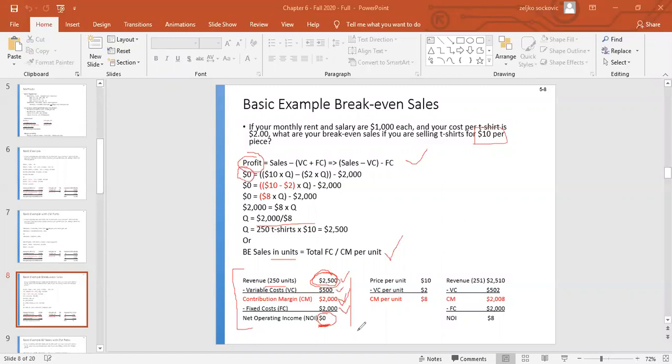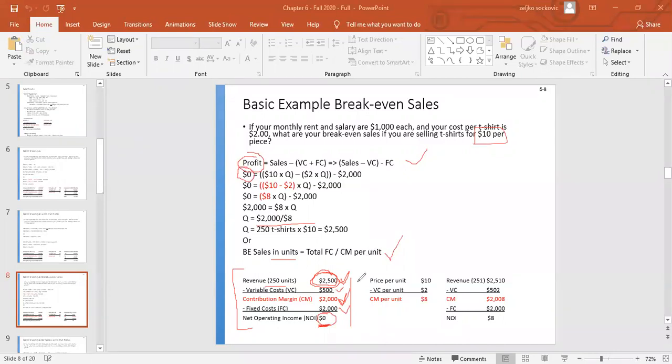Or if you're told that contribution margin is 60% or 80% or something like that of your sales, well, if it's 80% of your sales, then your sales are 2,500, right? So you have to be given enough information. You're always given enough information.